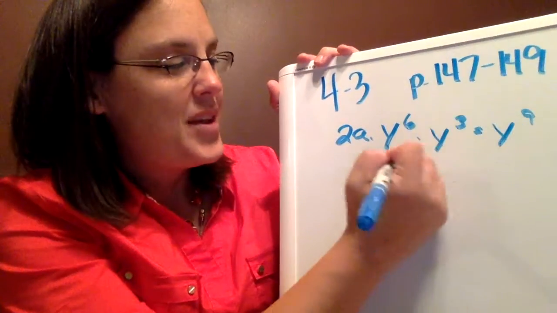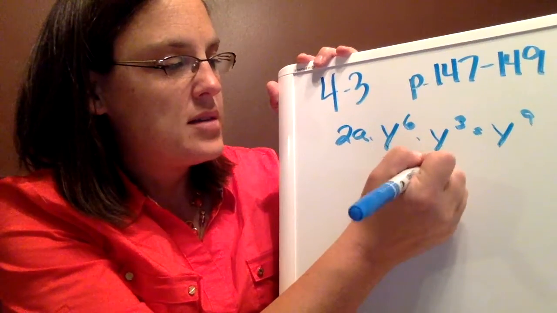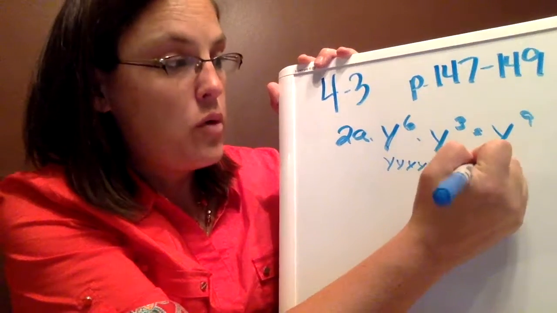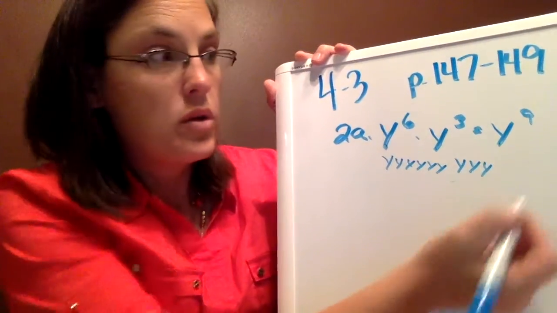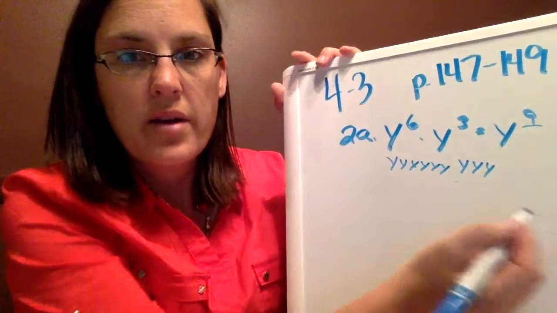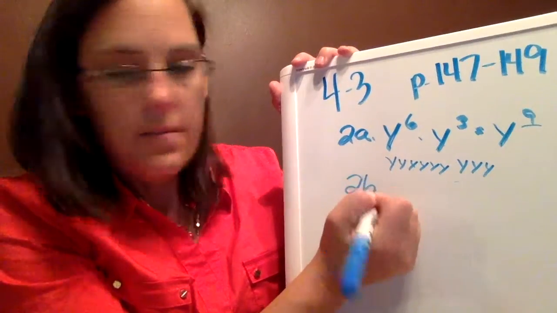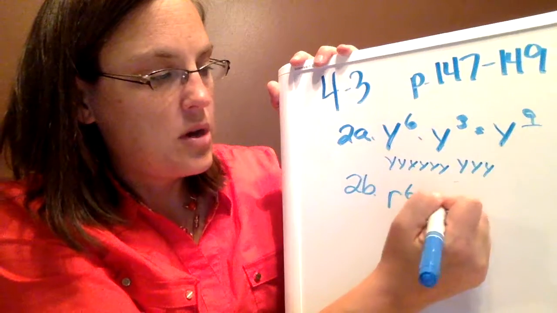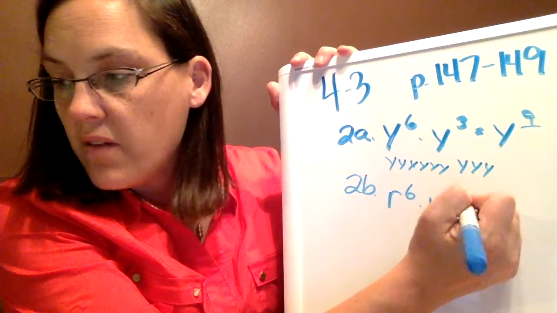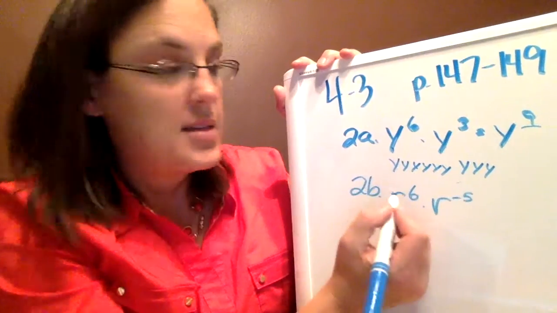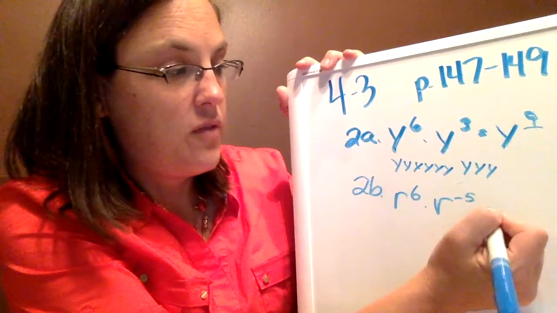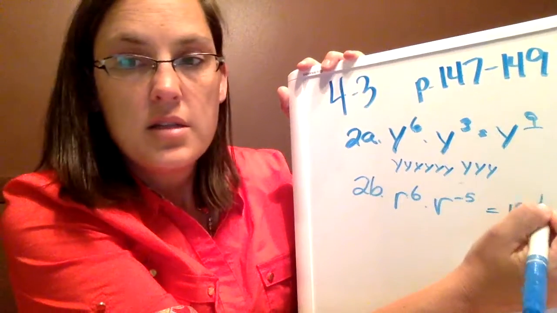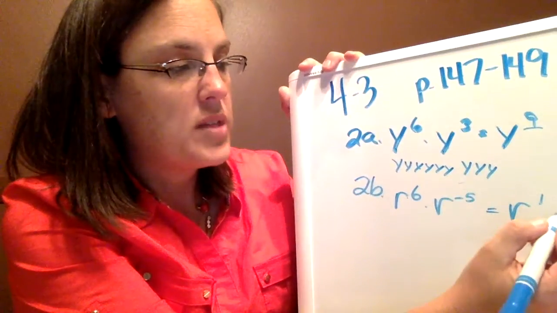Why? Because there's 6 y's and 3 more y's for a total of 9 y's, y to the 9th. Okay? 2b is r to the 6th times r to the negative 5th. So that's 6 plus negative 5, which is r to the 1st power, or just r, that's fine.